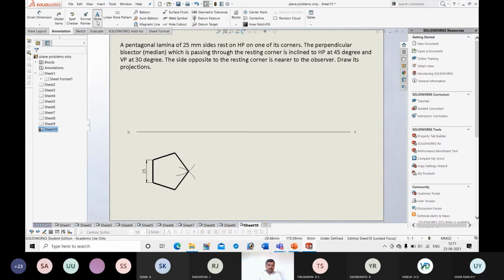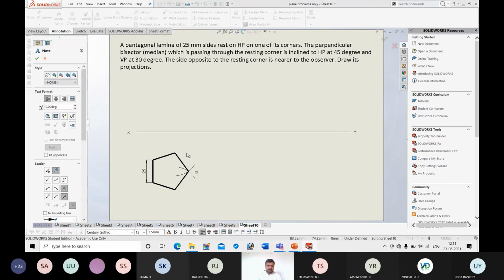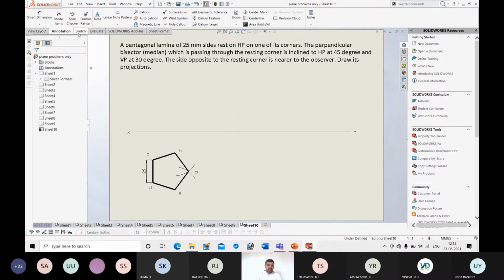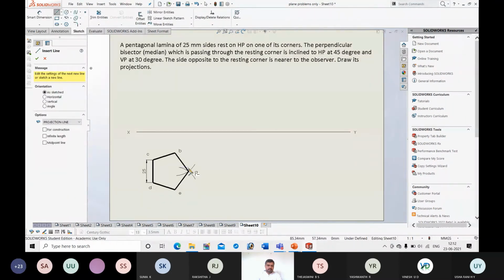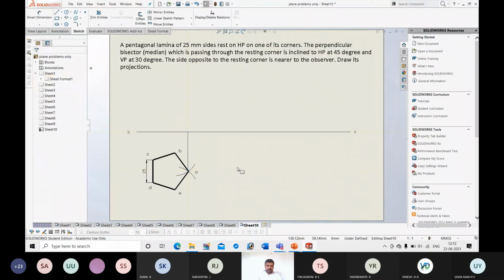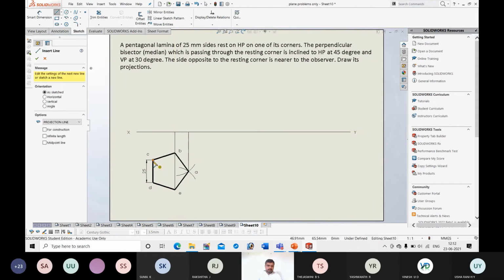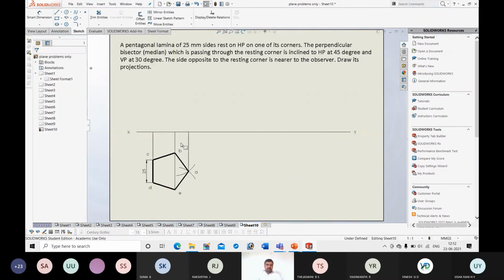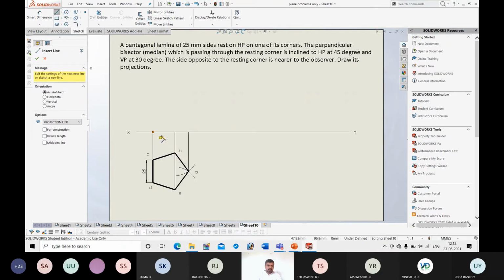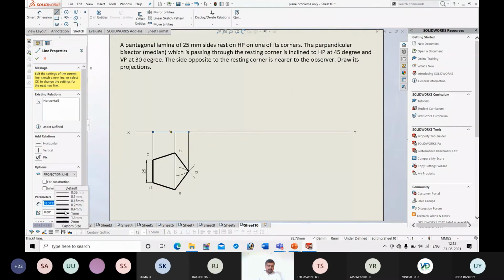Okay, then I will name the points. Afterwards I will project the points. Front view.